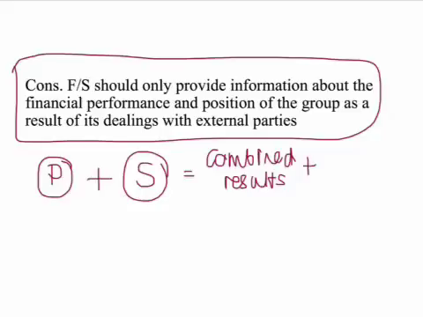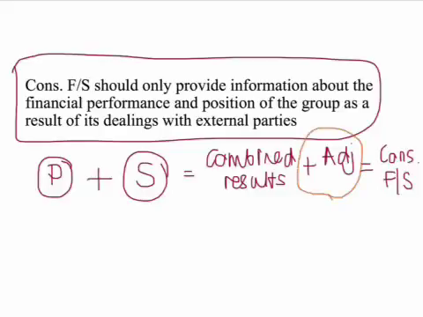So we have our consolidation worksheet adjusting entries, and in the end we then get our consolidated financial statements. So always keep in mind that we're aiming to identify what these adjustments should be, so how to move us from the combined results to a set of results only reflecting our transactions with external companies.